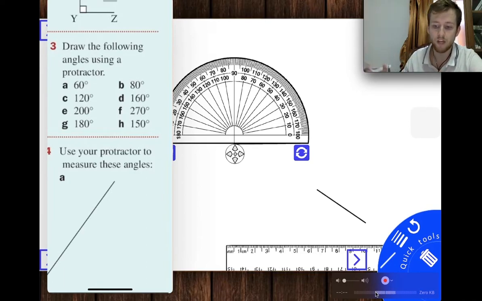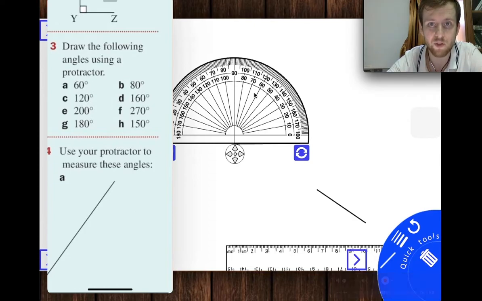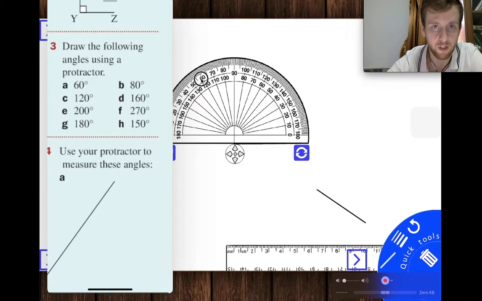And now what we have to do next is find 60. It can be a little bit puzzling because on this protractor they have 60 here, 60 here, and also 60 here as well. I hope you can see the cursor. So which one do we have to use?